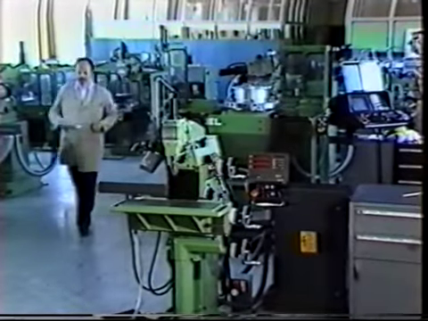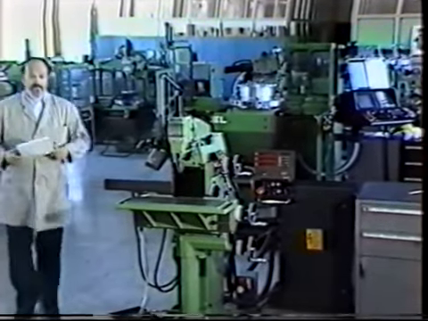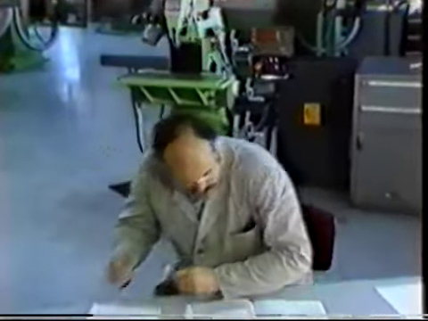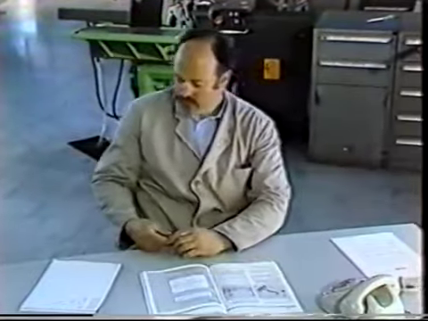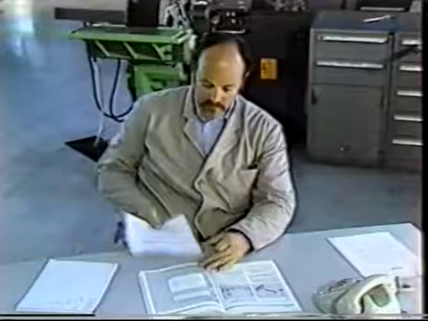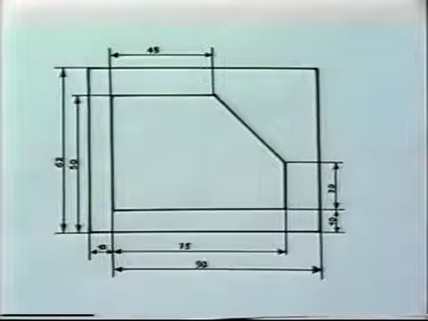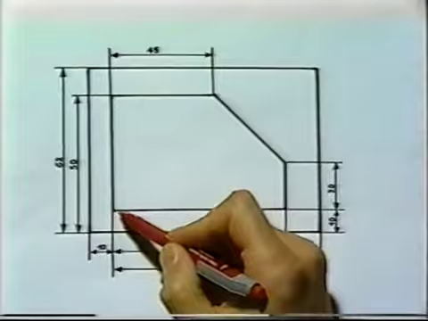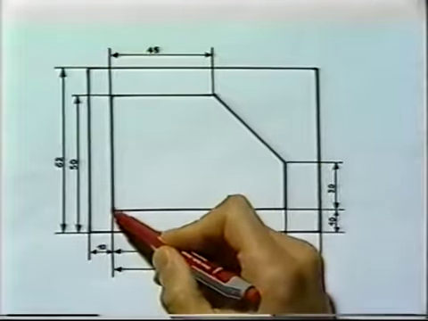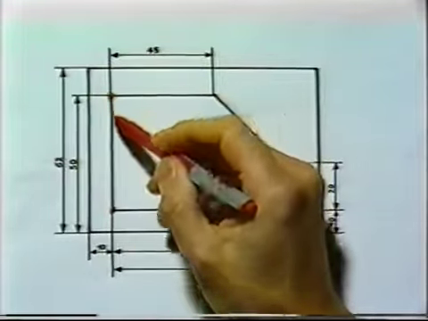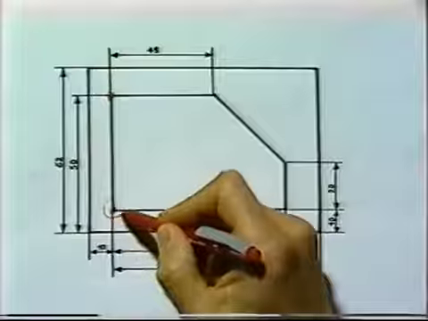Now I'm going to try my luck on another piece. Let's see how I do. If I got to go from here to there, my tool has to be there.